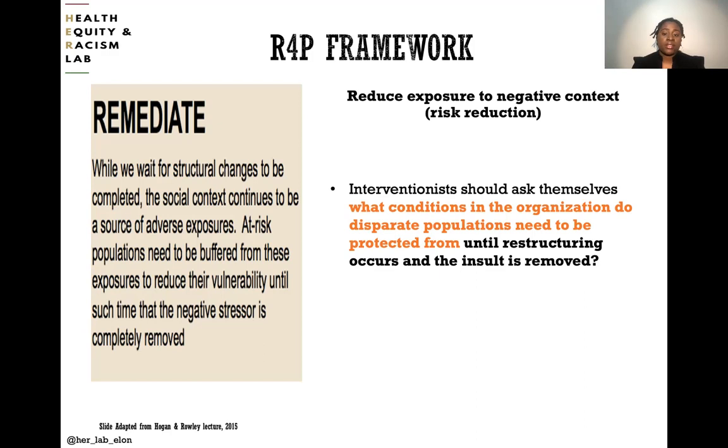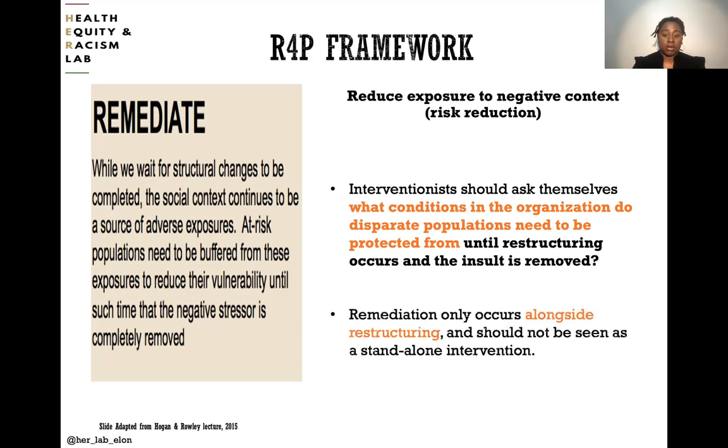Okay, so what are the conditions that are creating risk factors for these populations? Again, this is meant to happen until restructuring occurs and the insult is removed. So it's not meant to be a standalone intervention. It should only occur alongside restructuring of a system or a policy or a program to help reduce inequities.